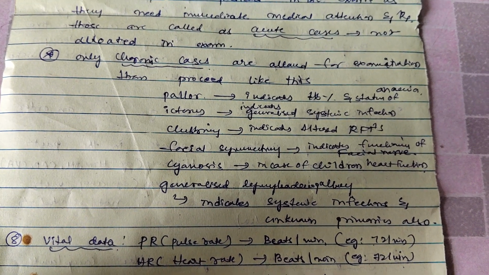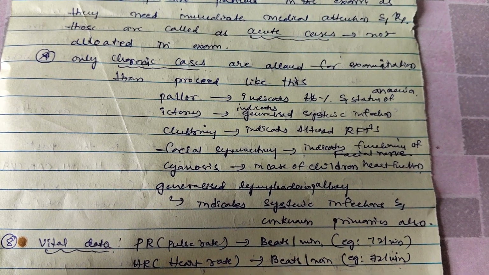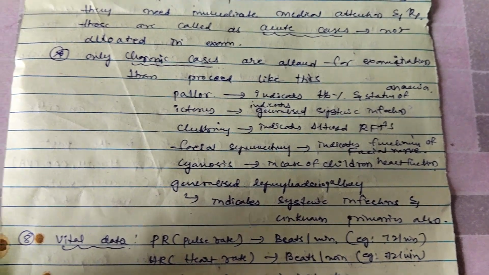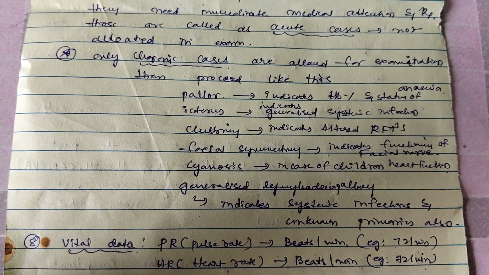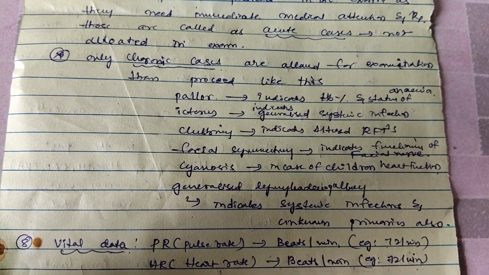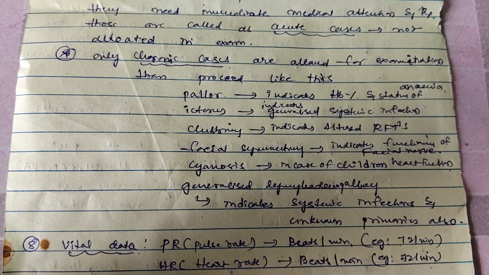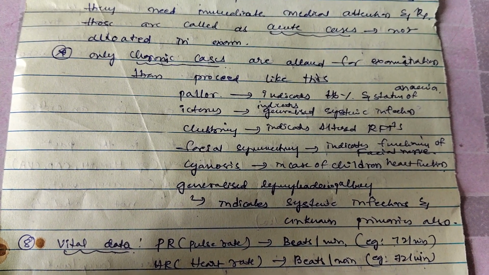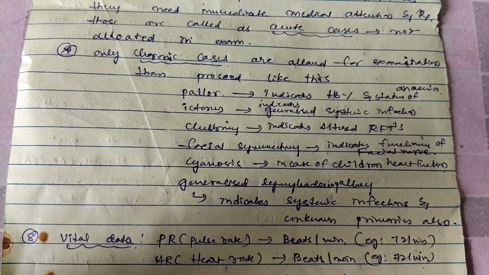And then comes the heart rate. Heart rate will be how many beats per minute. You can examine with the stethoscope, by seeing the lower left corner of the heart, preferably the base of the left ventricle, you all know, how many beats per minute. I told you sometimes it may correlate with the pulse rate, and will be equal to the heart rate.